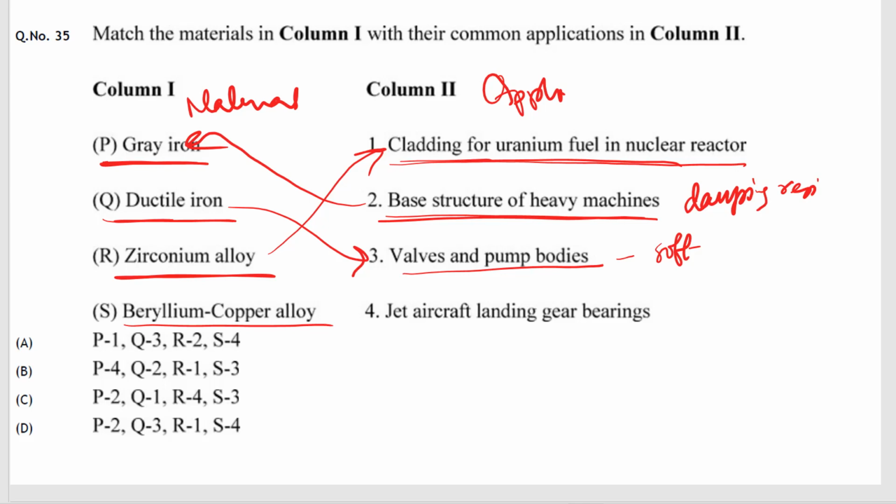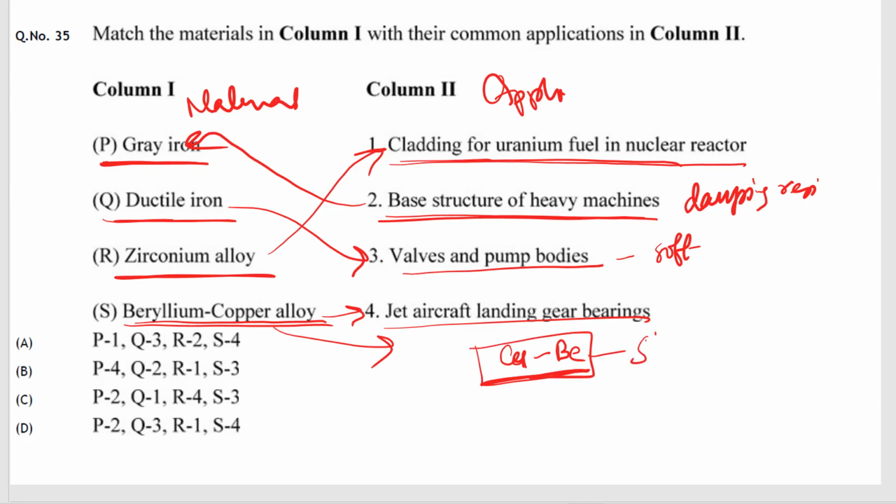Then beryllium copper alloy. Beryllium copper alloy is used in jet aircraft landing gear bearings. Why beryllium copper is used? Because we know that the copper, when we mix with beryllium, we get strength also, right?